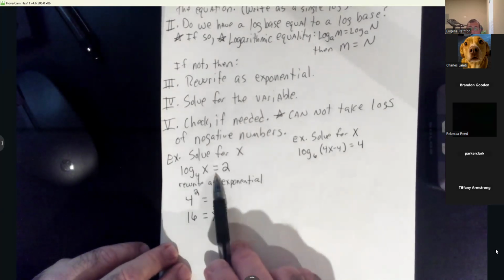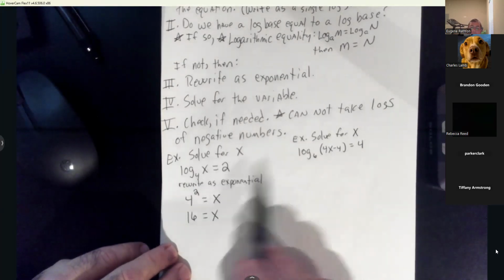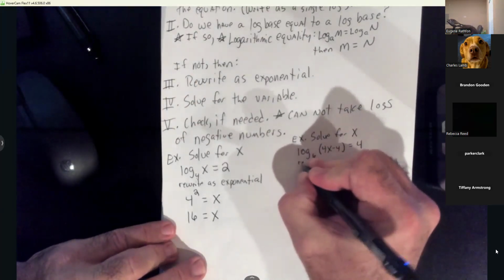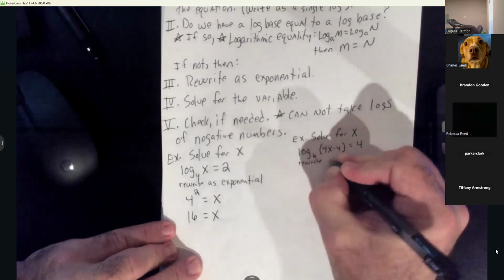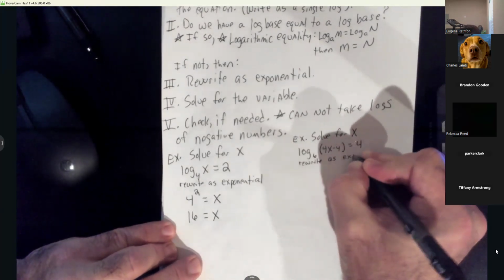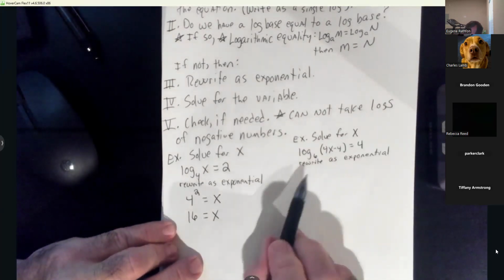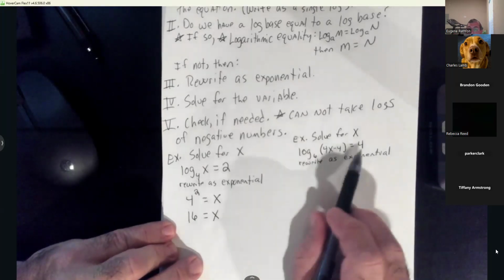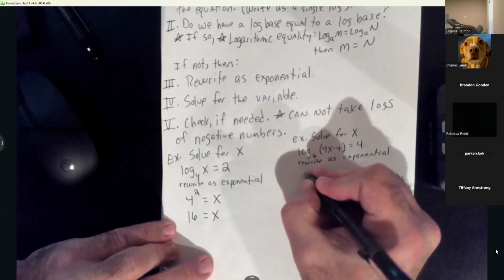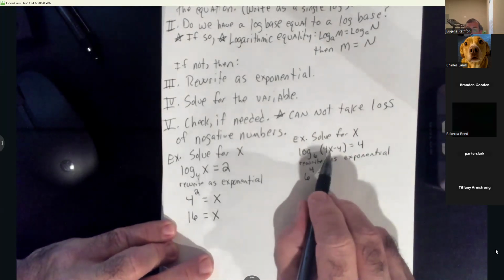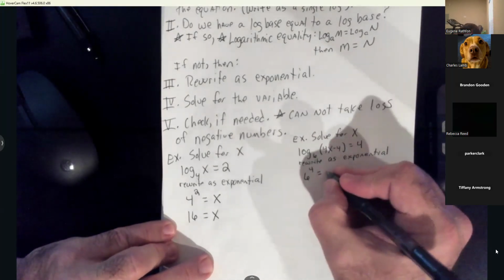So what we're going to do is rewrite it as exponential. Your base is 6, your exponent is 4. So we get 6 to the 4th is going to equal the 4x minus 4.